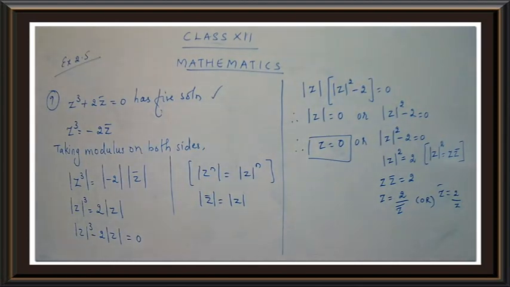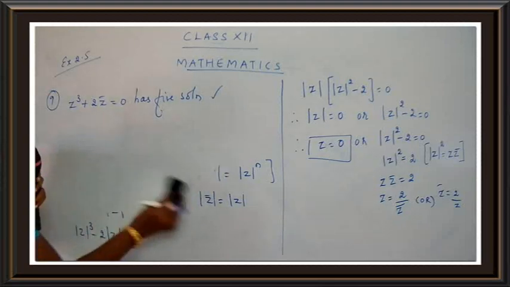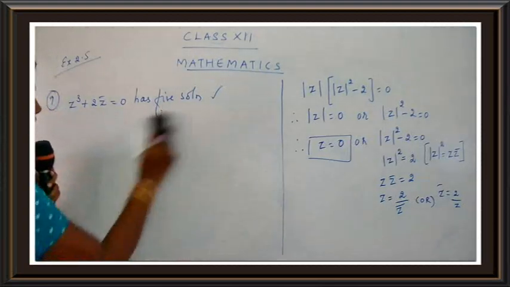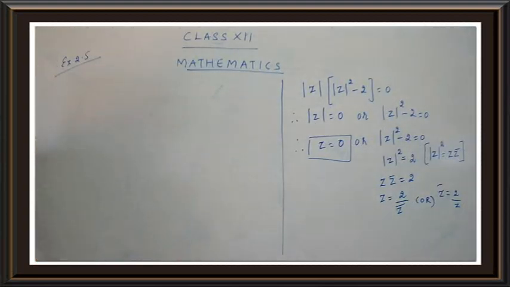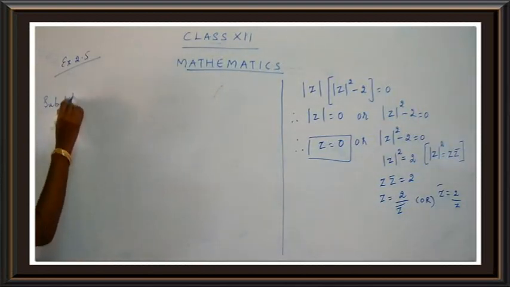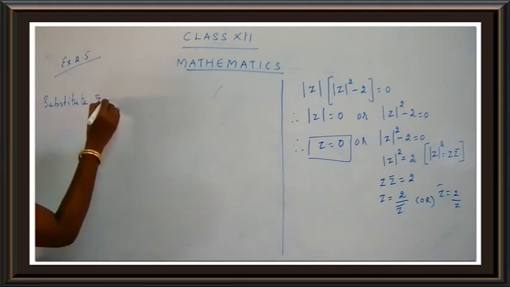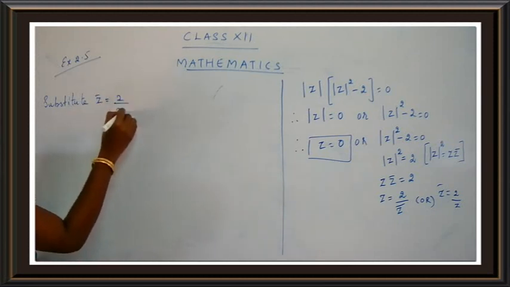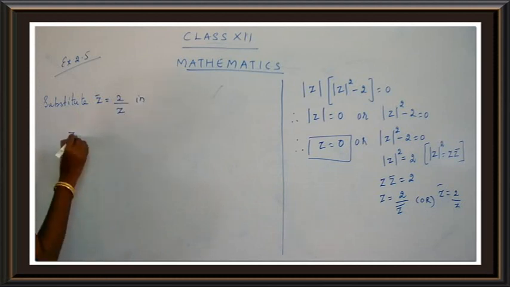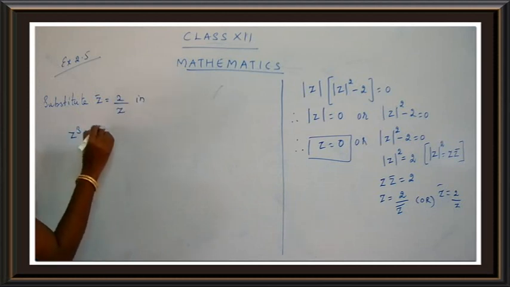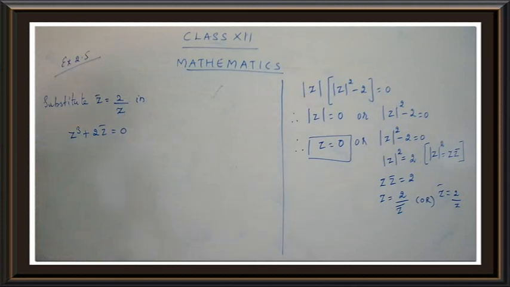Okay. So now what we are going to do is substitute. I am going to substitute z bar is equal to 2 upon z in z cube plus 2z bar is equal to 0 in the question part.